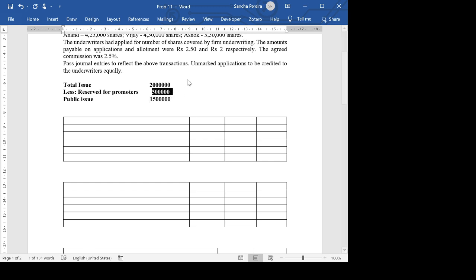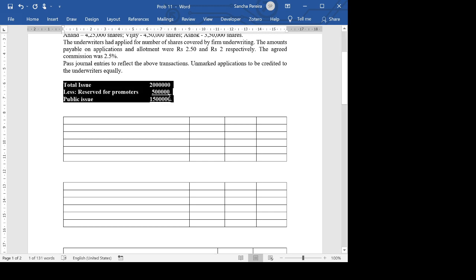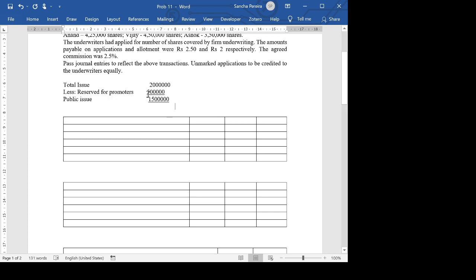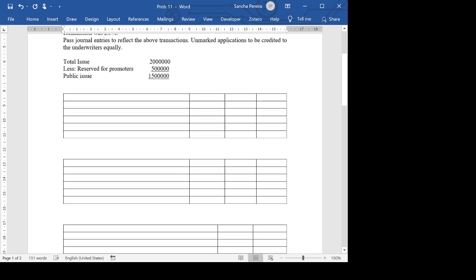This is what we are going to be concerned with, the public issue. So when we are doing this table, we are going to check only for 15 lakhs. Now we'll do that other rough calculation that we normally do.